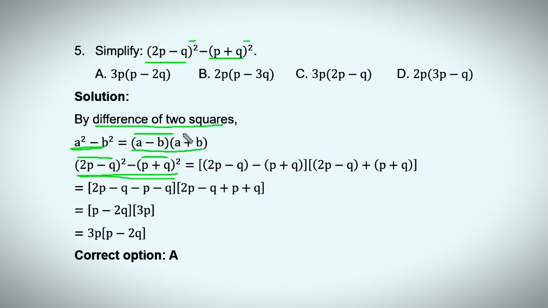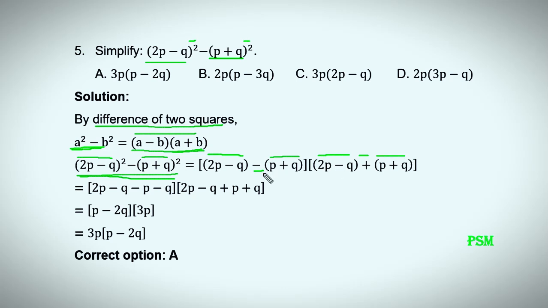If we come back here, so this is a, the minus sign will follow, then this is b. Back to the second bracket, this is a, you have the plus sign, then you have b.